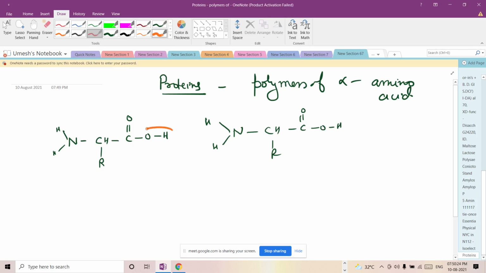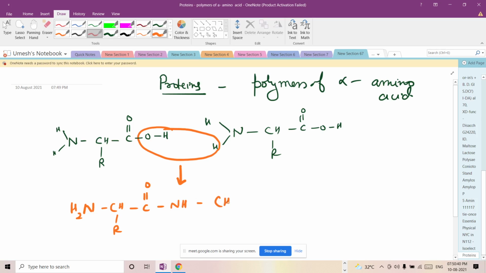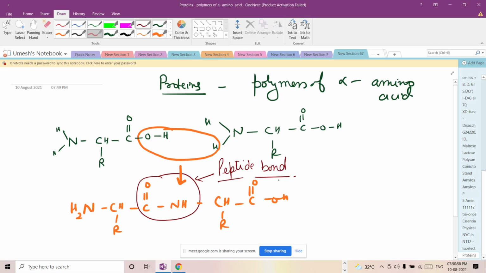Between these two molecules, remove a water molecule. And this bond formed between the two molecules is called the peptide bond.